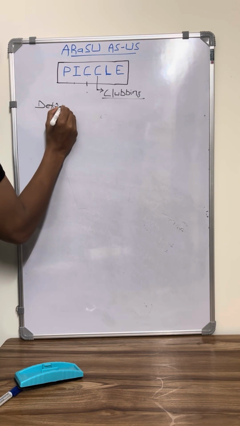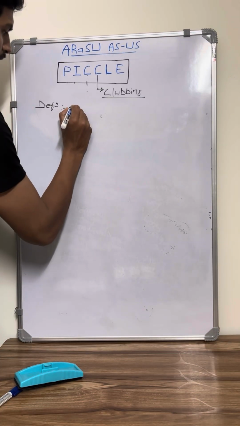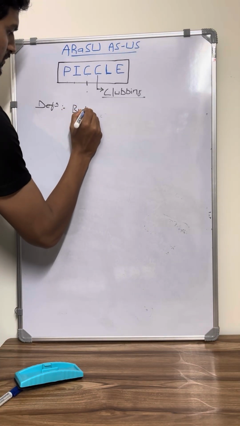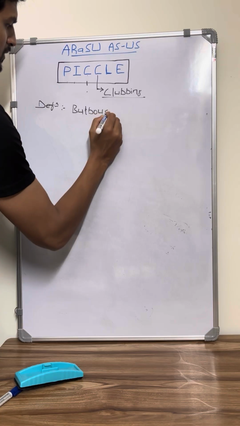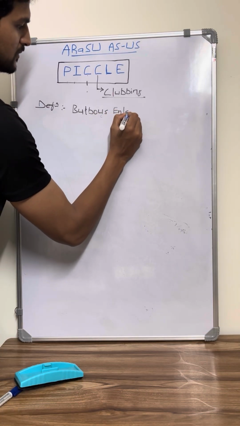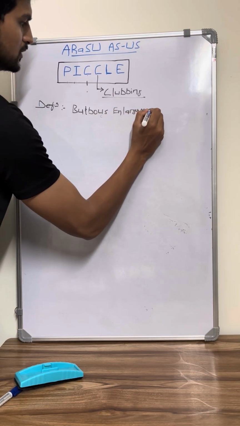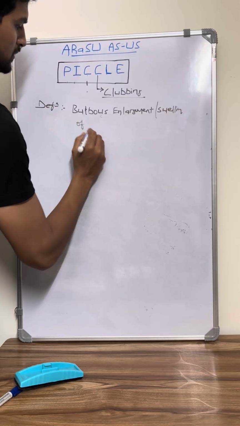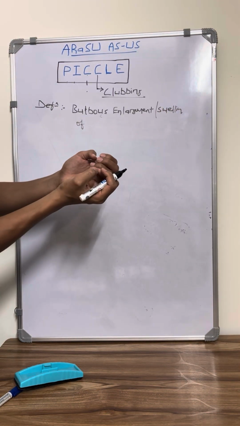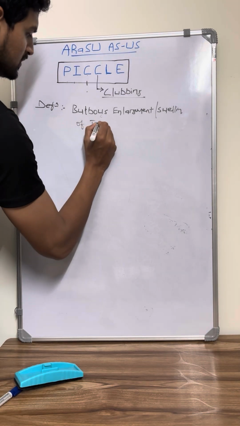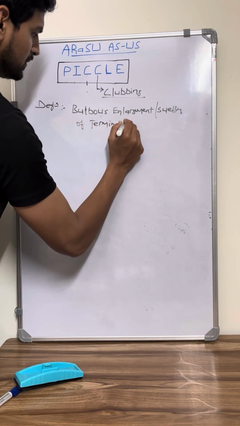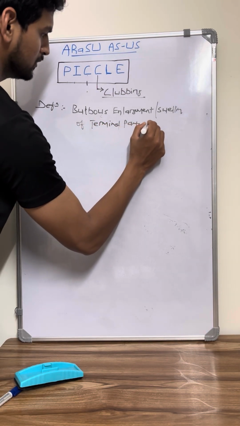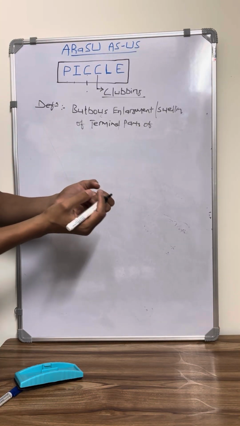So what is clubbing? There will be bulbous enlargement or swelling of the tips, the terminal parts of fingers and toes.